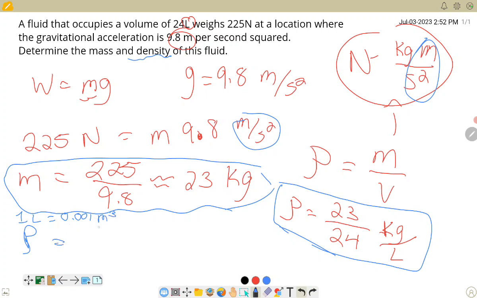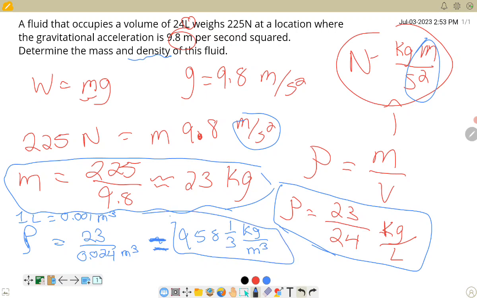So we can restate the density as being 23 divided by 0.024 cubic meters, which we can find out real quick here as being approximately, well, it's actually going to be and a third, so 958 1/3 kilograms per cubic meter.